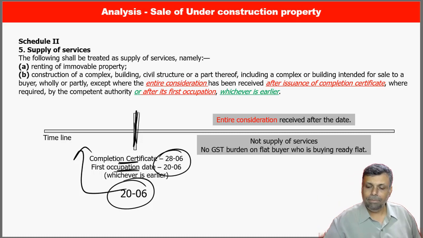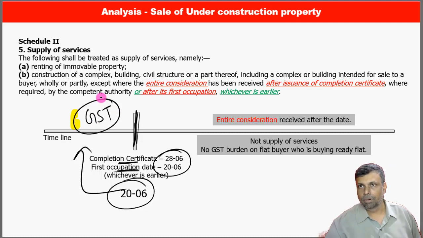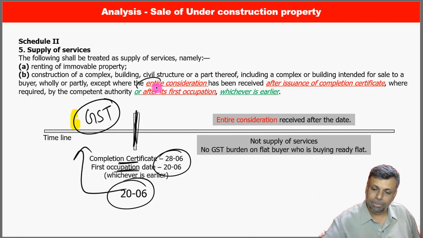If I am buying it under construction, then the GST burden will be applicable on the flat buyer. But if the property is already completed in terms of construction, and I buy a ready flat where the completion certificate or first occupancy has already been done, and I buy after the cutoff date, you should keep in mind that the entire consideration should have been paid afterwards.